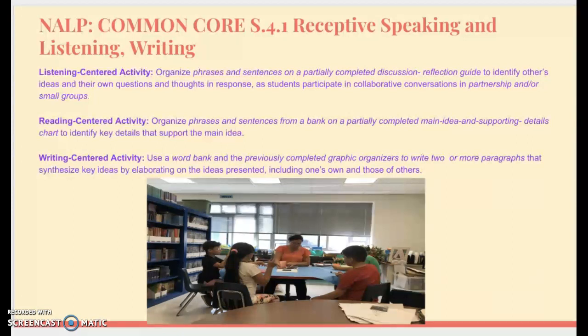In the picture you'll see Marissa is working with an anchor chart, and the students are reading and also writing phrases and sentences. One student is drawing pictures. They feel more comfortable sharing in that capacity, and eventually moving on to the writing and the paragraphs, completing the graphic organizer, and then synthesizing their ideas.